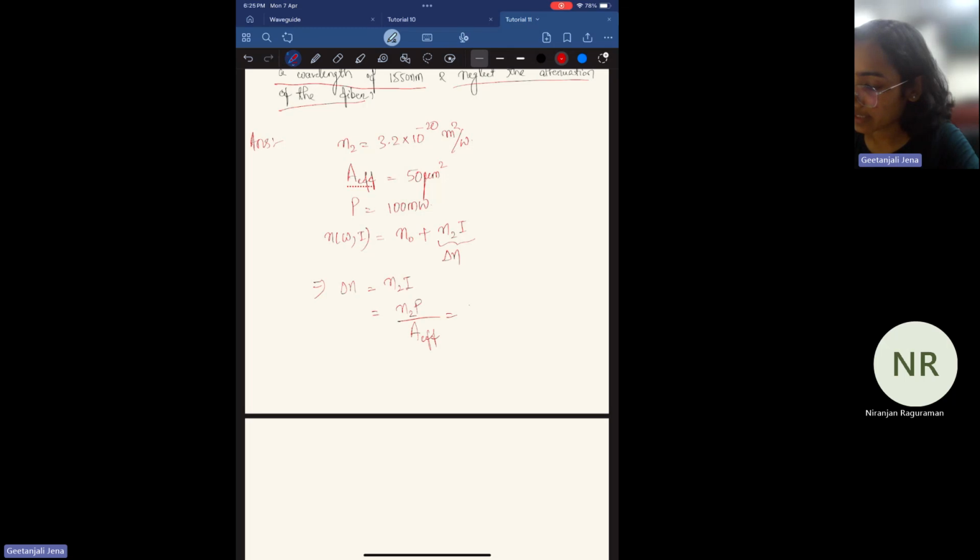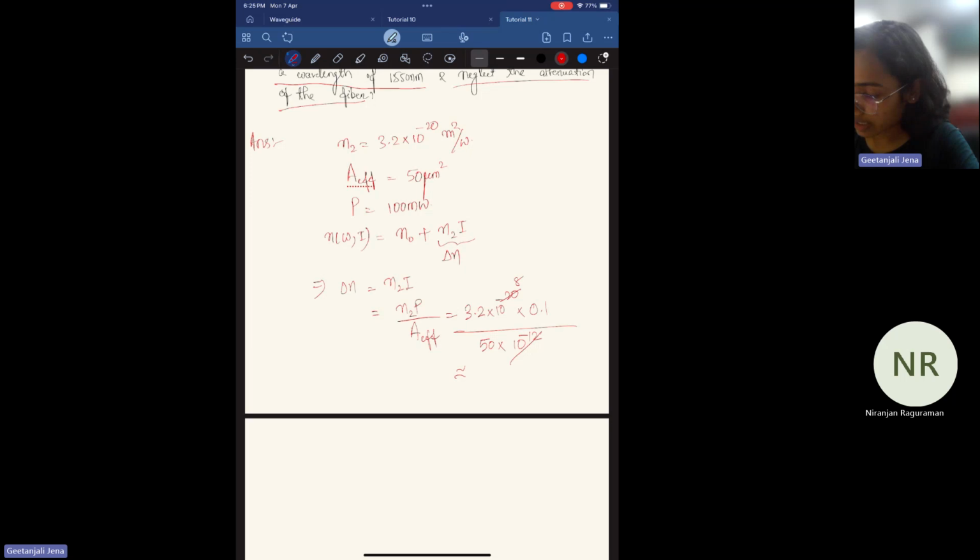So N2 is given, it is 3.2 into 10 to the minus 20. Power is already given, it is 100 milliwatt, means 0.1 watt. And A effective is 50 micrometer square, which will give 10 to the minus 12.